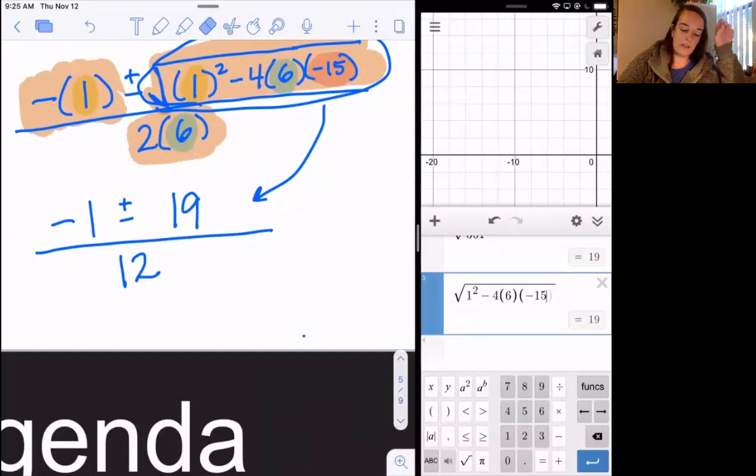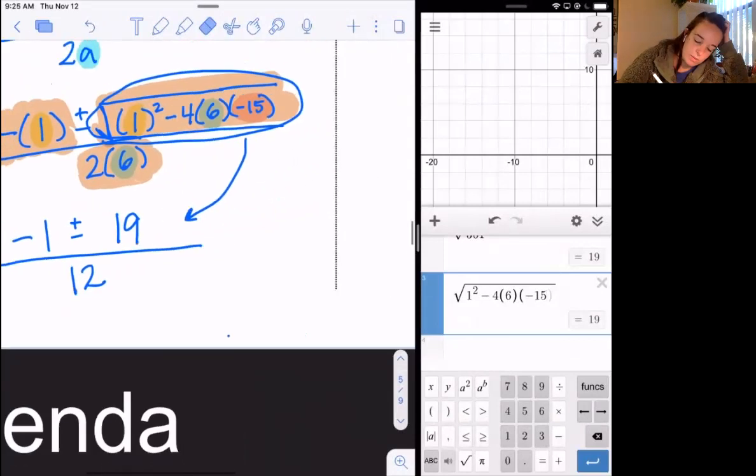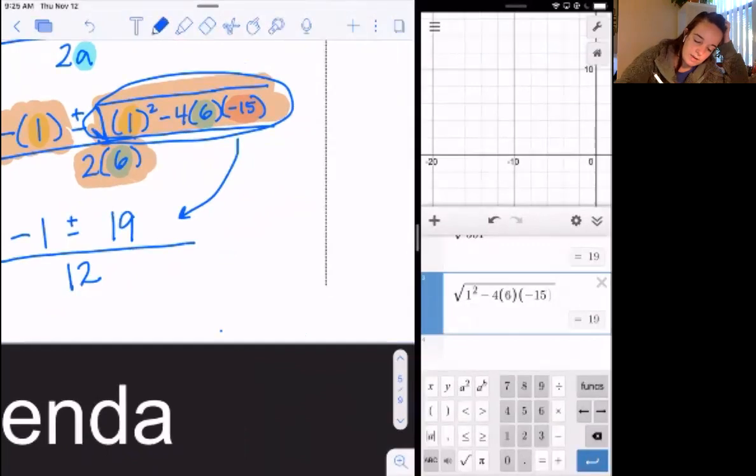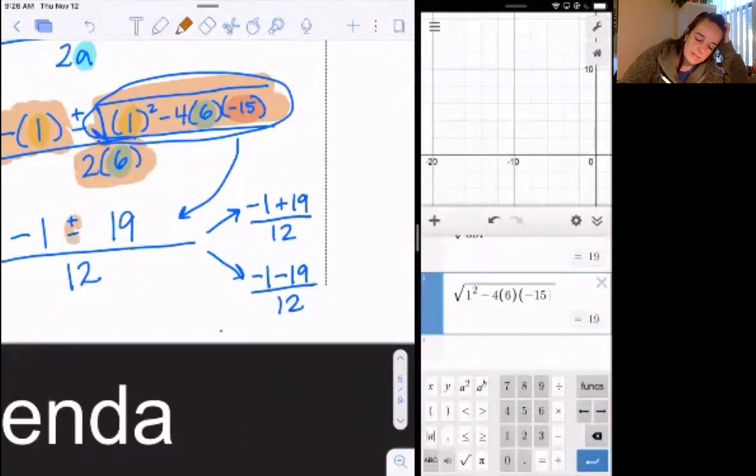There are 2 available options. So I'm going to write down both of those options. So we are taking the plus or minus and we're turning it into one plus option and one minus option. Because that's what it means. It means we have two answers.